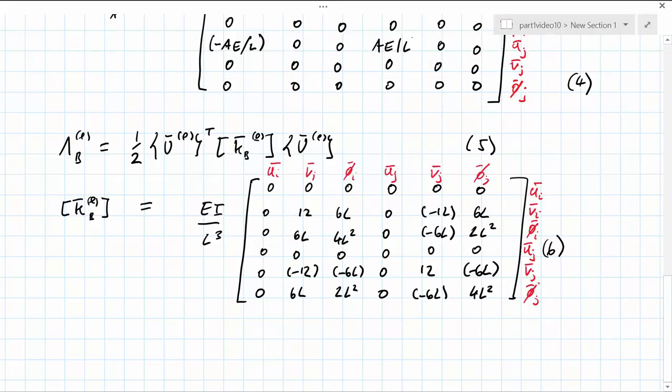Again, I've written the local element degrees of freedom along the rows and columns of this matrix, and you can see here that the only contribution that the bending strain energy makes is to the vertical displacements and the rotational displacements. And these are given by these regions highlighted here.